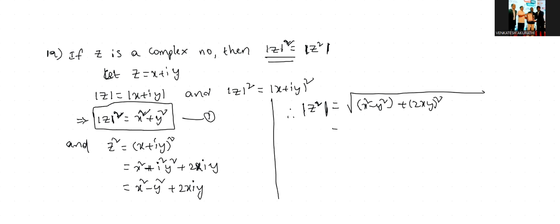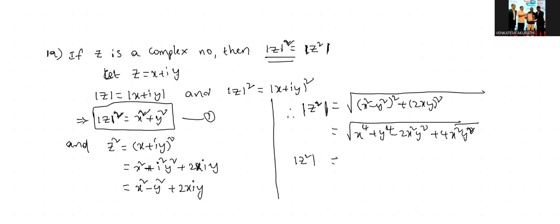Using the formula (a plus b) whole square and (a minus b) whole square: x power of 4 plus y power of 4 minus 2x square y square, and also 4x square y square.